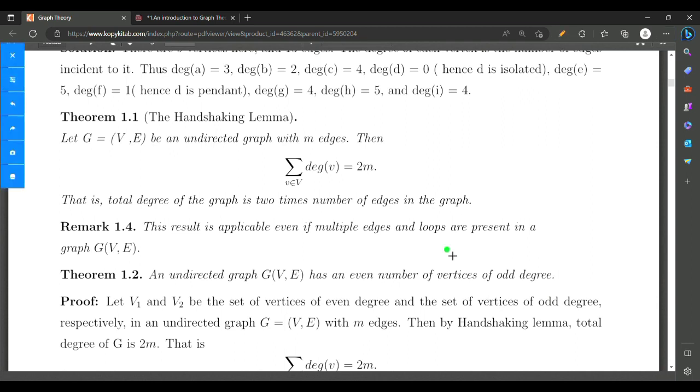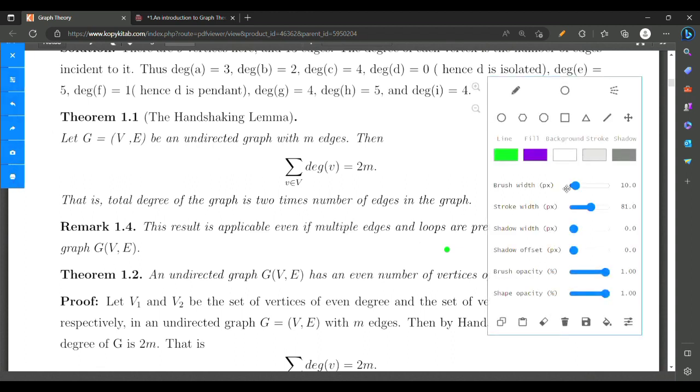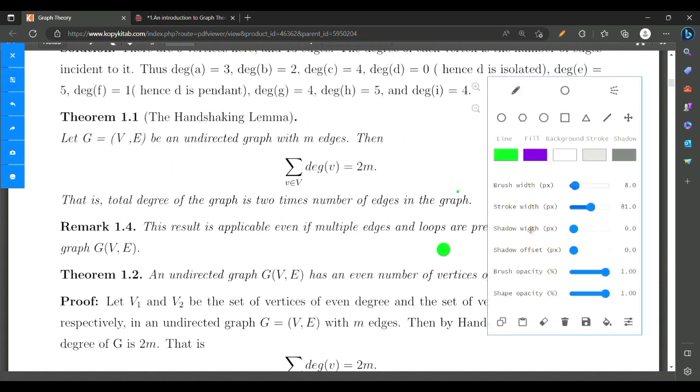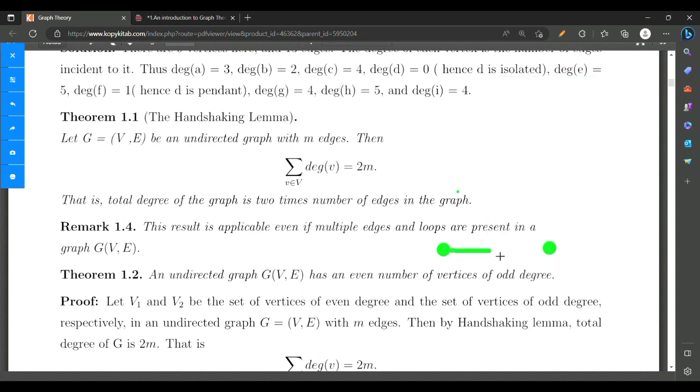Here let us take these vertices and these edges. Here the degree is 1 and 1, so there are 2 vertices of odd degree, an even number of vertices of odd degree.